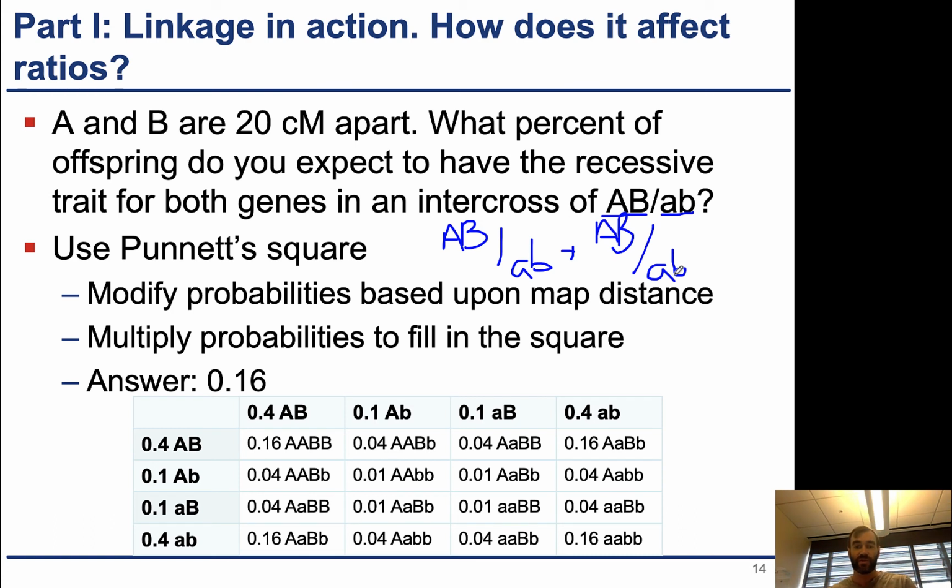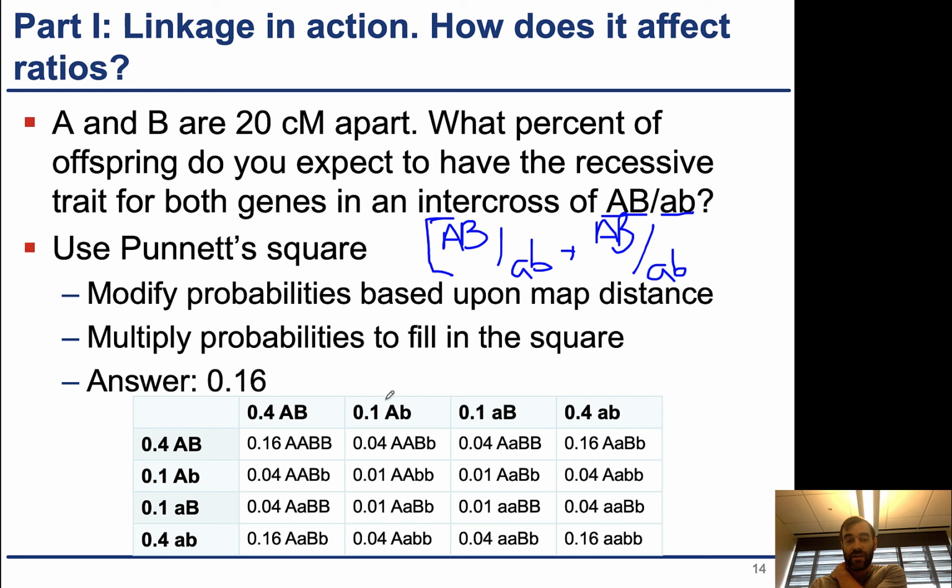We do this using Punnett square, but now we're going to modify Punnett square a little bit to allow for the addition of probabilities. So, hopefully by now the way you're understanding Punnett squares is you have 2 individuals, and to create the square, the first thing you have to do is figure out the types of gametes that can be produced. So in this situation, 4 different gametes can be produced by both individuals.